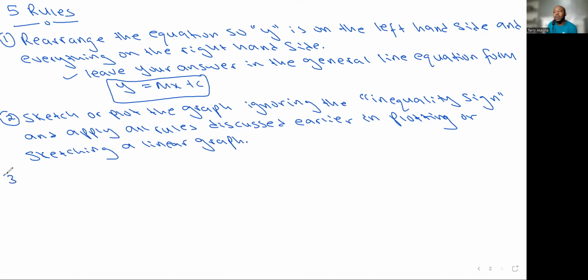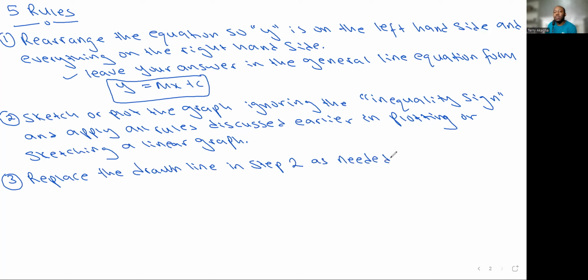Okay? Then when you're done with this, the next thing is to replace the drawn line in step 2. So that means after sketching and you've drawn your line in step 2, step 3 now, you have to replace the drawn line as needed based on the inequality sign.